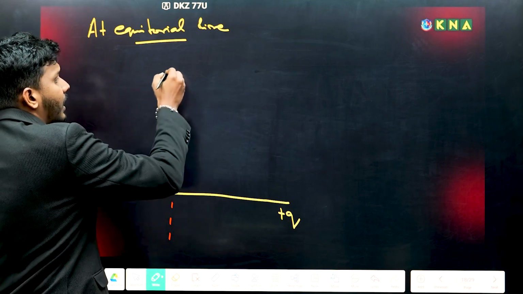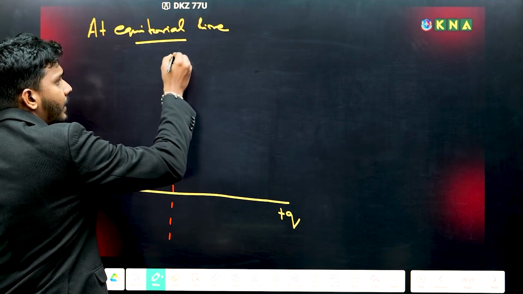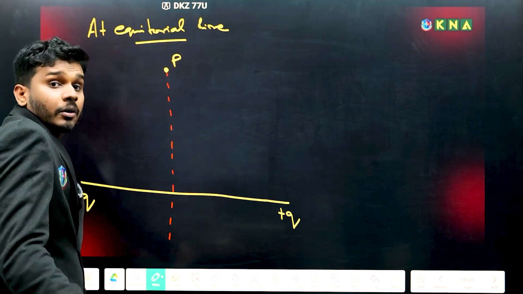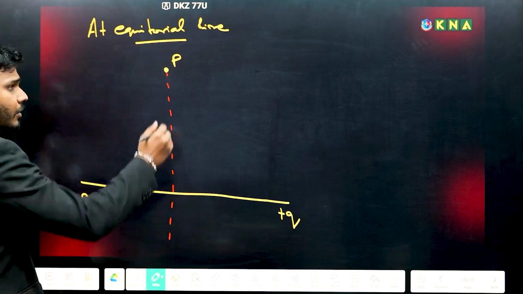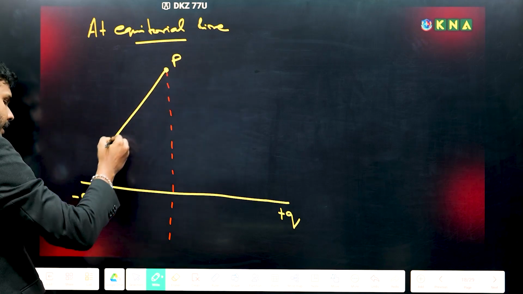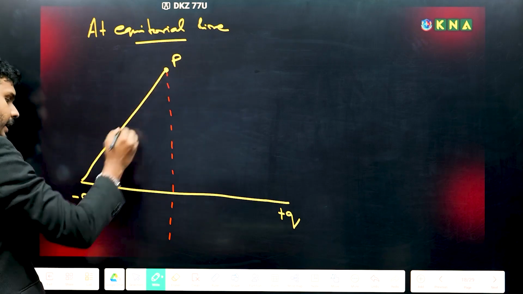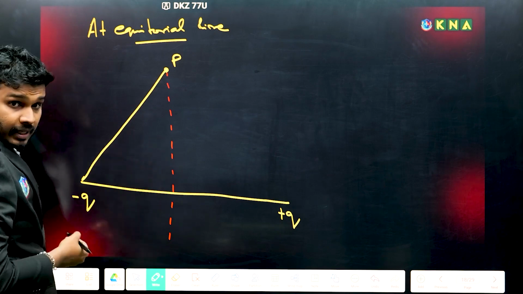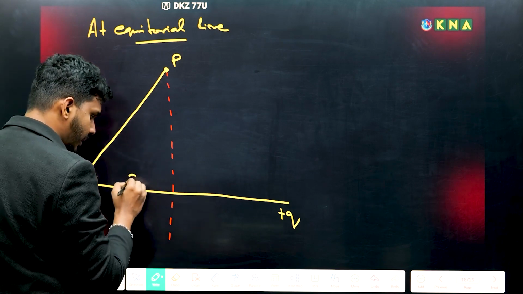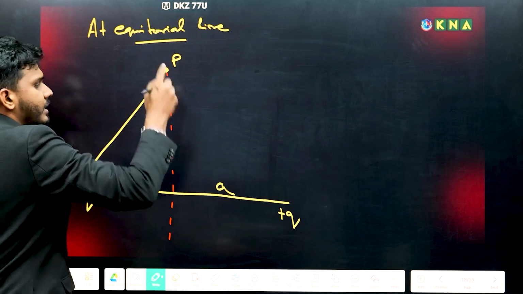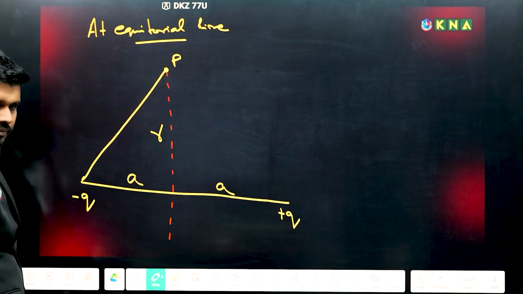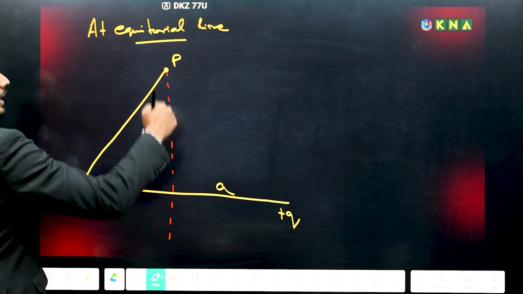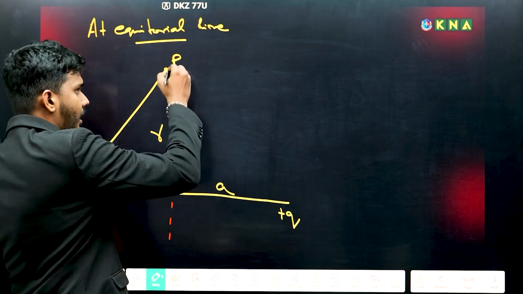At the perpendicular line, a point P is considered, and we want to find the electric field there. Total length is 2A, so this is A. Point P is at a distance R from the center.